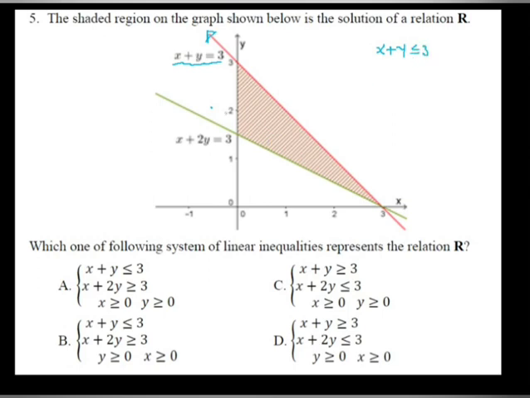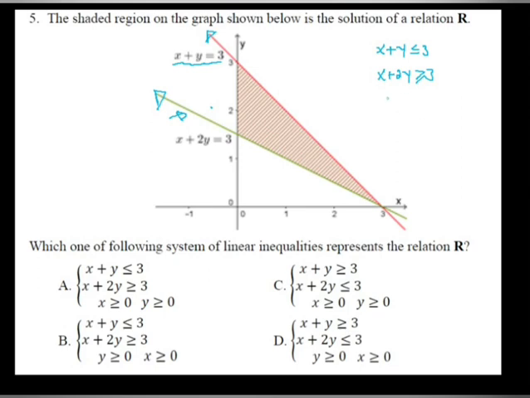This is one of the inequality. The other line is this one, this line is given by x plus 2y is equals to 3, so the shaded region is above this line። የተቀባው region ከx plus 2y በላይ ስለሆነ we will make it greater than or equals to 3. okay these two are the inequalities.